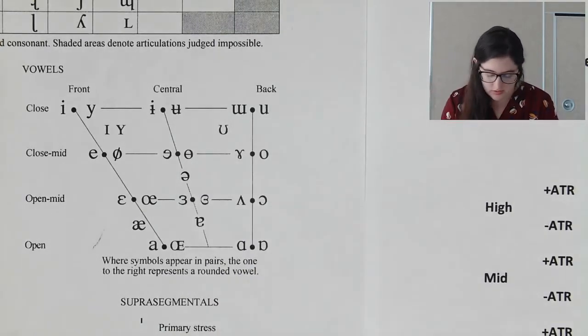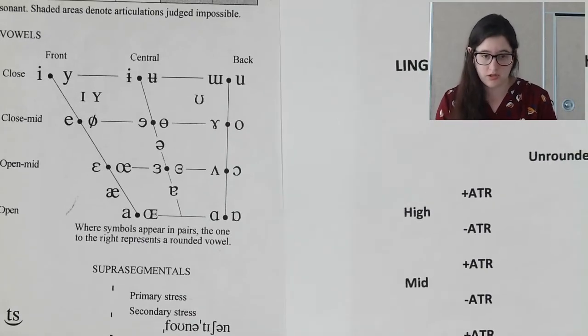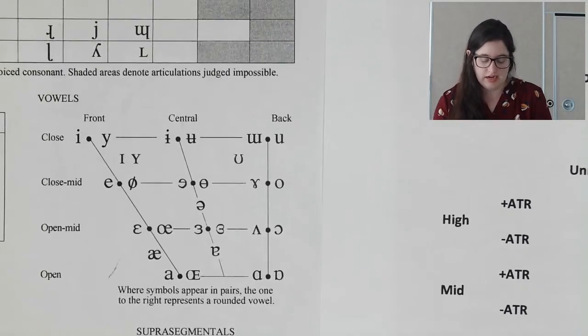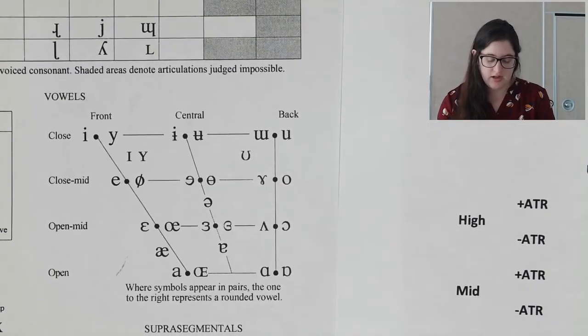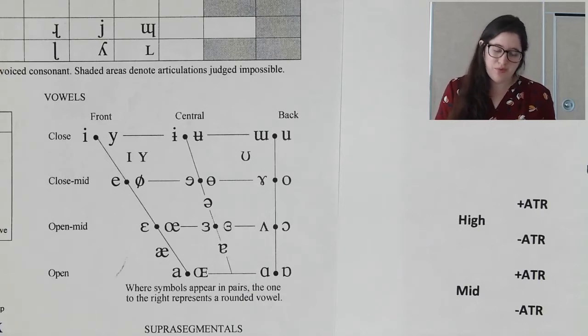So let's go over some of the most common vowel symbols that you might want to use to represent different vowels. Now, before we do that, you have to understand that vowels, this is going to sound silly, are not the same as consonants. With consonants, if you're making a bilabial stop, everyone's going to make it in the same way, right? Once you know how you're supposed to make it, it's going to sound pretty much the same from everybody.